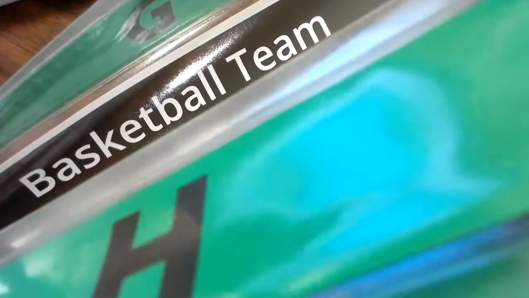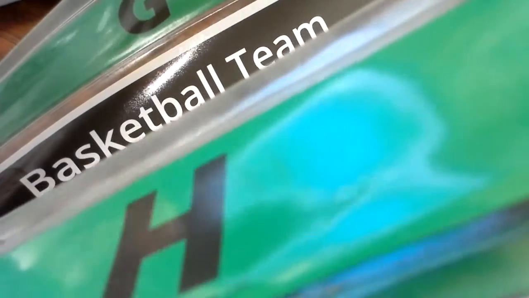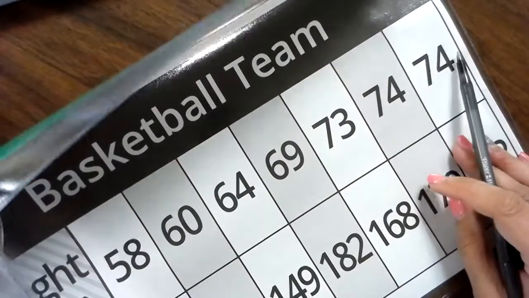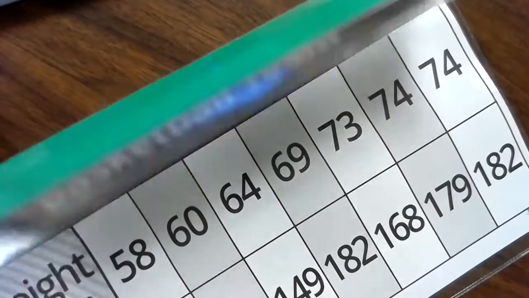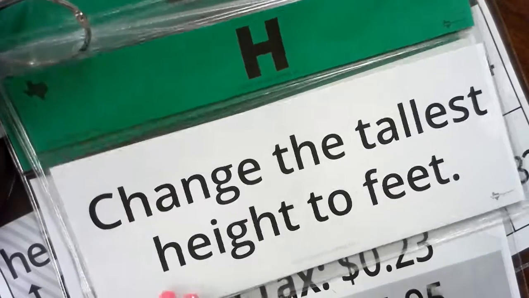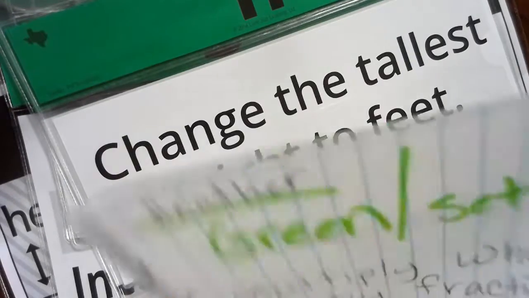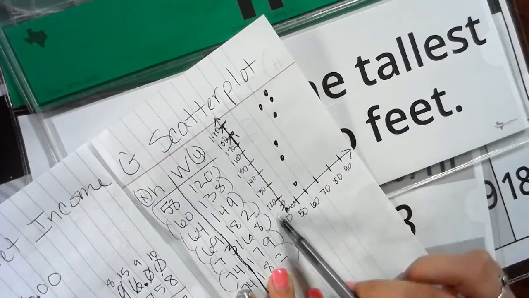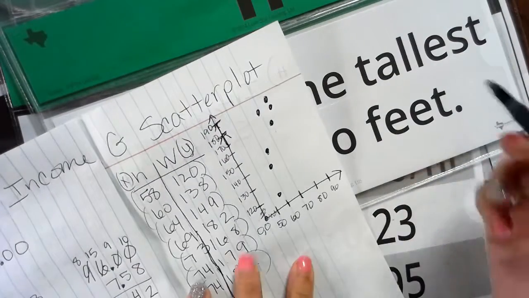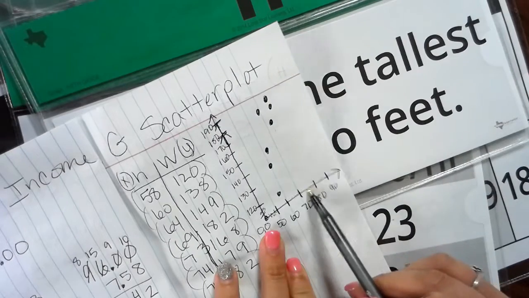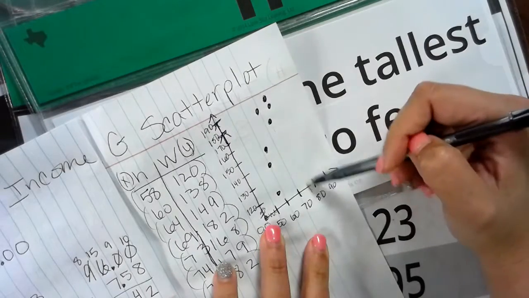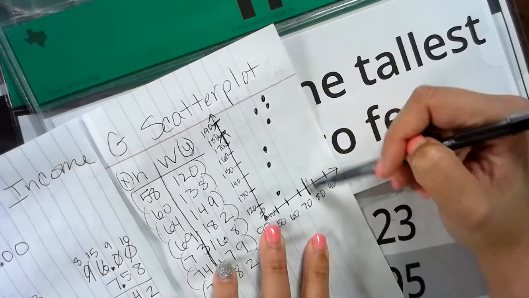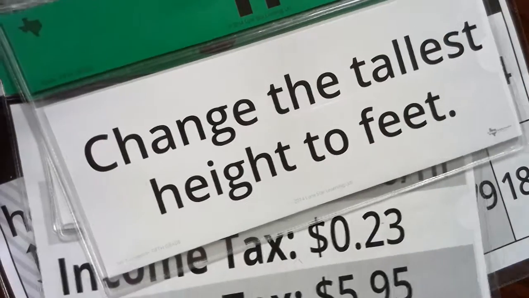My tallest height would have been what? 74. And it was in inches. And they want me to convert it to feet. If you go back to the scatter plot, this was my height. So it is which one went out the furthest this way, which was about 74, so it would have been right there.